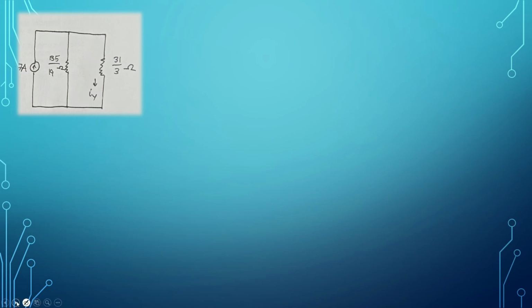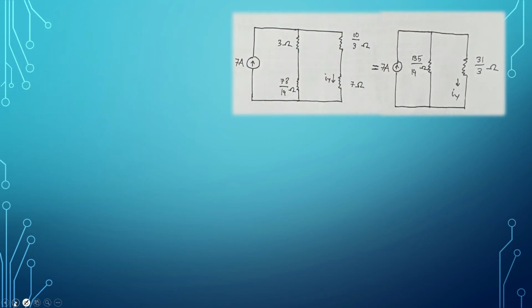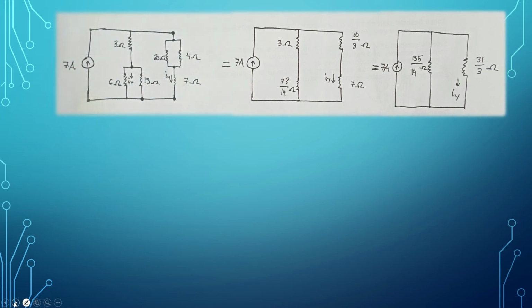Now we need to look for Ix. We already know the current that is going through here. We just solved that. We just backtrack. We already know how much current is going through here, so that's the same current that is going through here. Same current, same current.